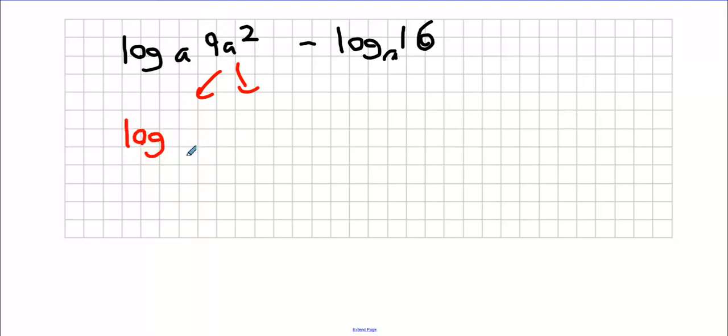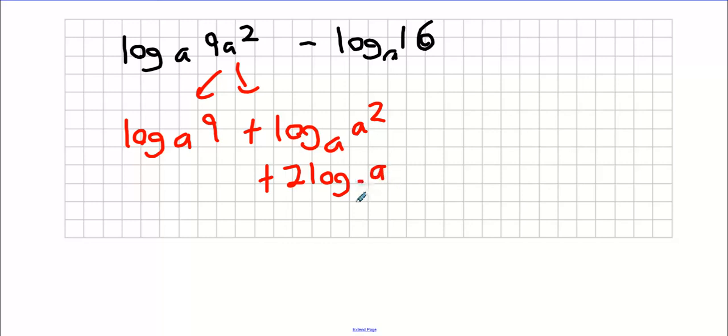I'd even go like this. Log 9 base a and log a squared base a. Okay. Bring the 2 to the front. 2 log a base a, agreed? And what's any number to the same base? 1, isn't it?